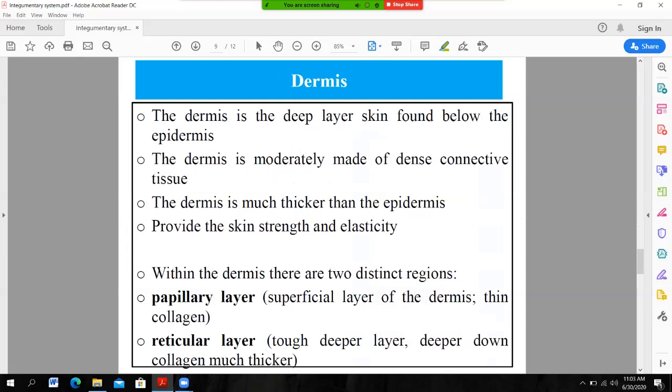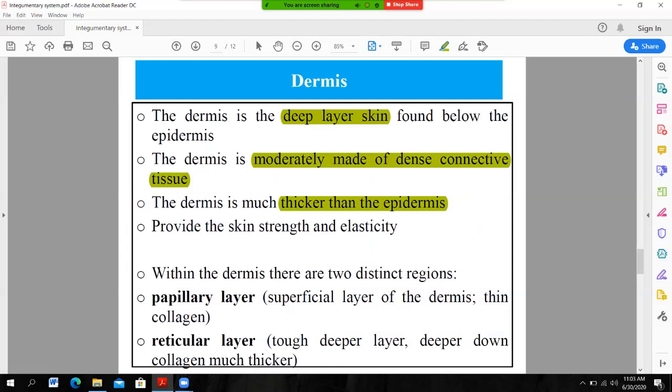Now the dermis. The dermis is the deep layer of the skin found below the epidermis. The dermis consists of moderately dense connective tissue, and it is much thicker than the epidermis.